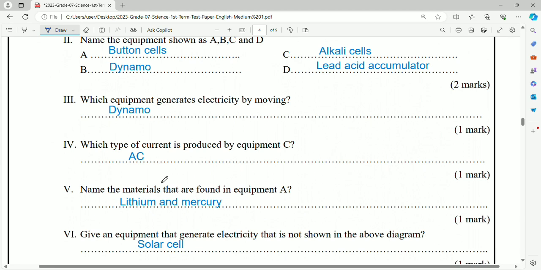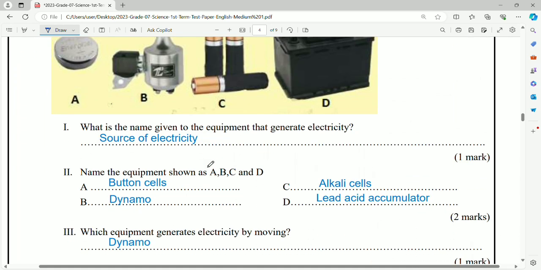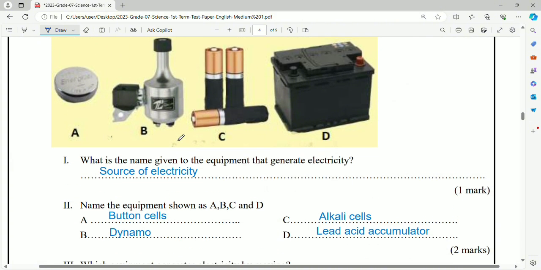Which equipment generates electricity by moving? The dynamo produces electricity by moving a magnet, and the other cells A, C, D produce electricity by chemical changes. Another thing we have to remember: where there is a magnet, that source of electricity produces alternating current, AC.